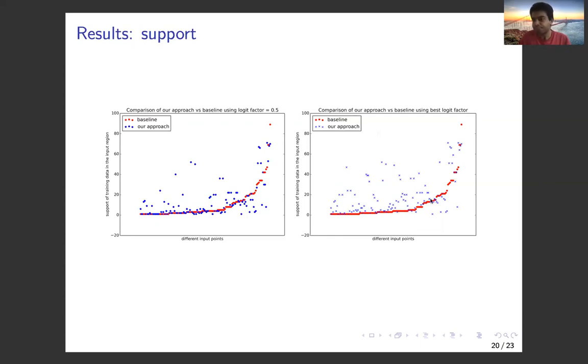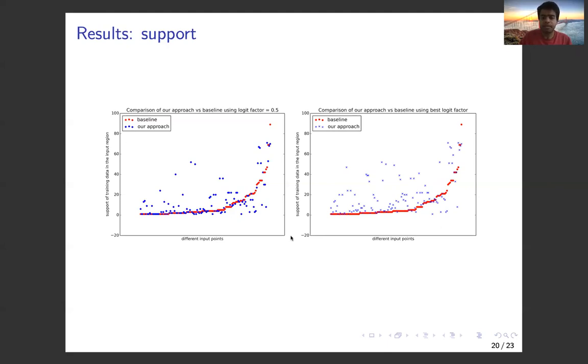This is kind of expected, because what the baseline does is have a very strict control on the property, while we have a band of epsilons from which we choose the best one. So that's why we ought to lie above them, across different points.